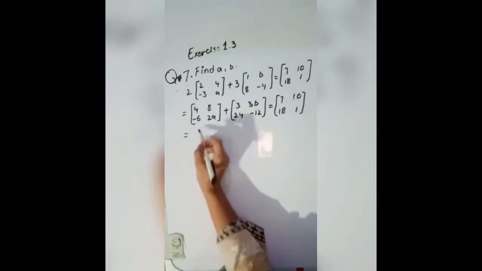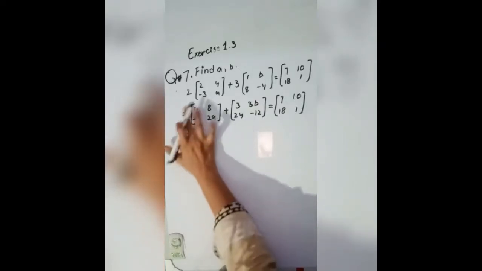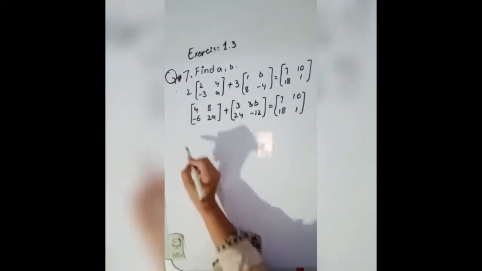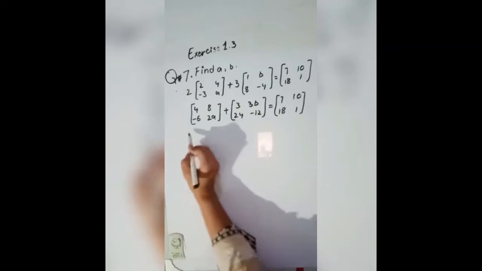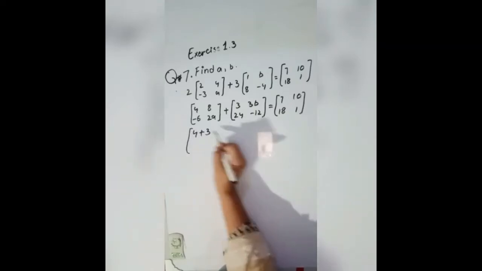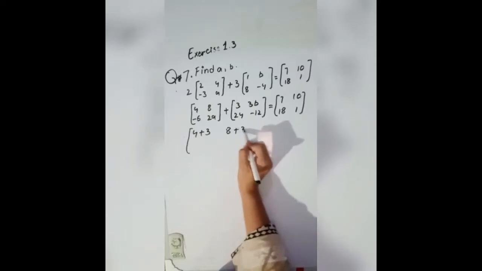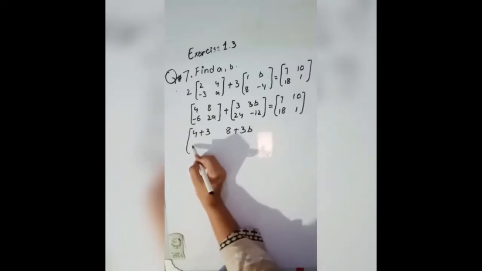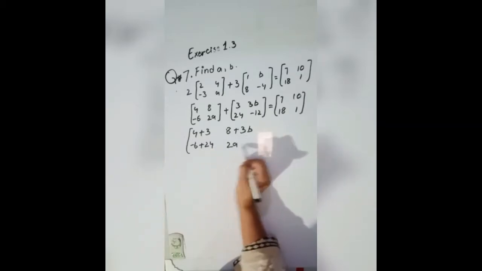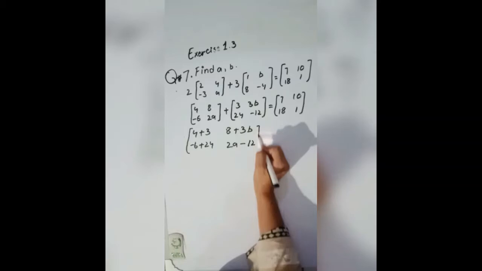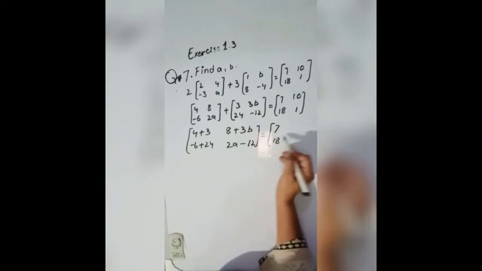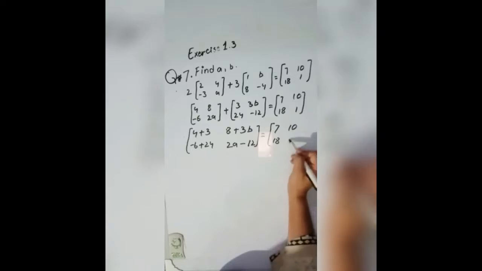So we got, next we have to add these two matrices. We have to add corresponding entries. 4 plus 3, 8 plus 3b, -6 plus 24, 2a minus 12 equals to 7, 18, 10 and 1.